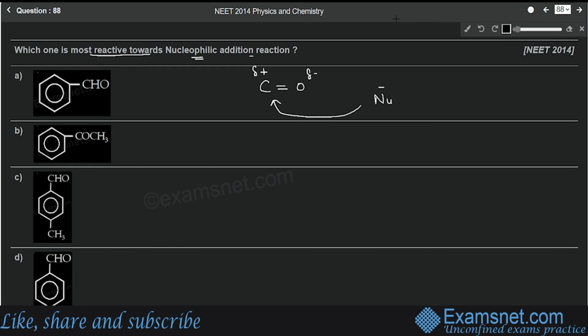Now, the more the positive charge on carbon, the more is the reactivity towards nucleophilic reaction. Okay.